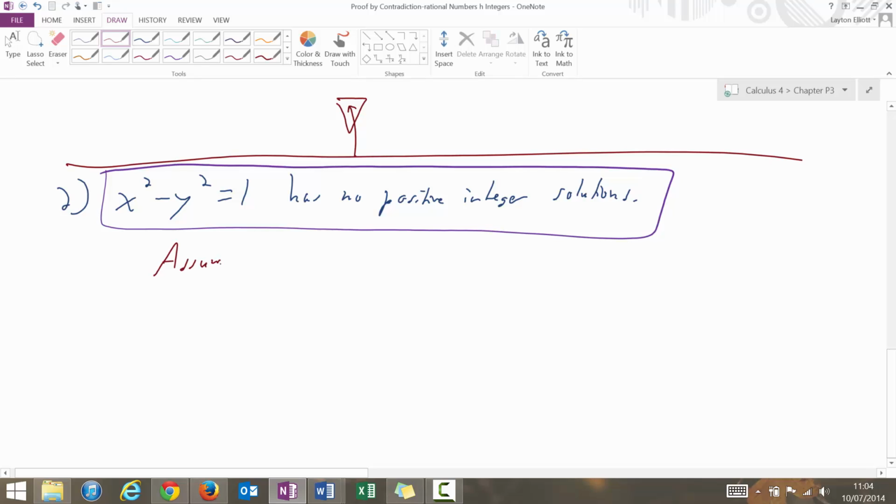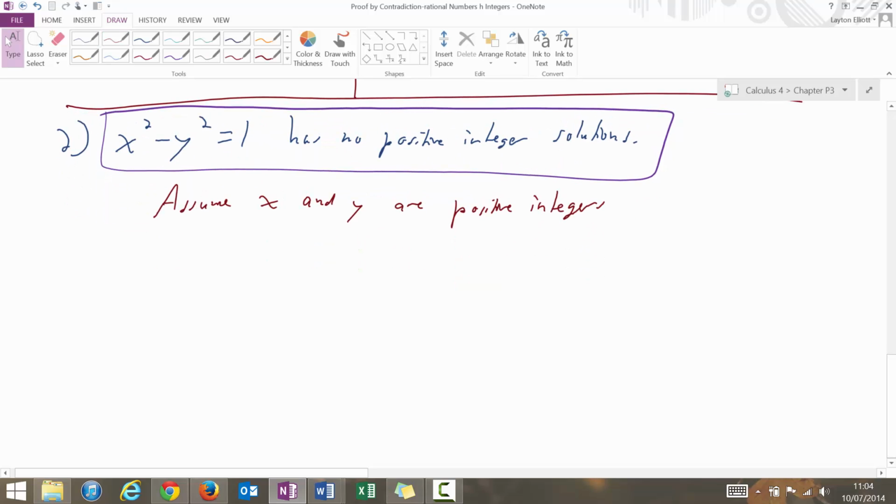We're going to assume x and y are positive integers. By the way, the reason we have to say positive integers is if we count 0 as an integer, then there is a solution. But x and y are positive integers, and if I factor that, I get x minus y times x plus y equals 1.